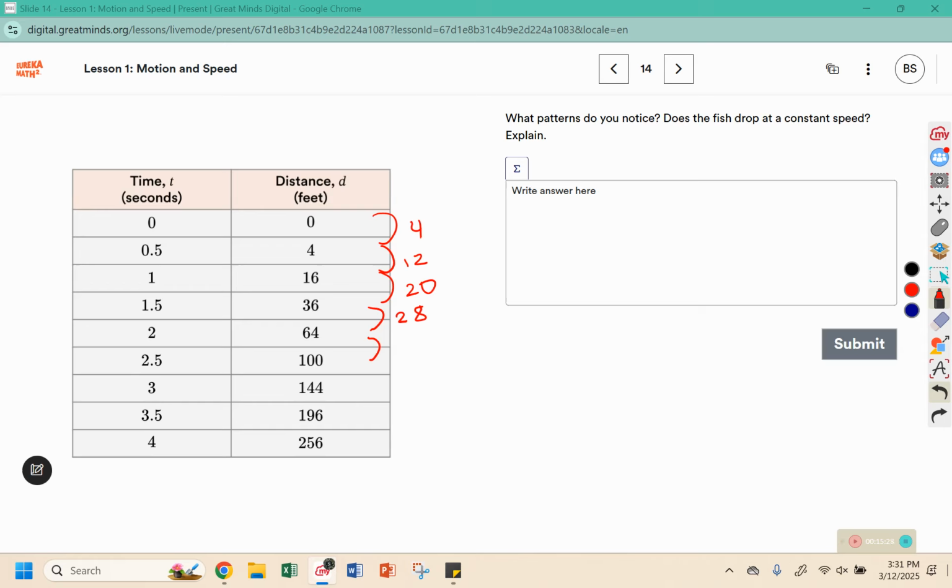From 64 to 100, that's a difference of 36. Here from 100 to 144 is 44. From 144 to 196, that was a change of 52. And from 196 to 256, that's a change of 60.